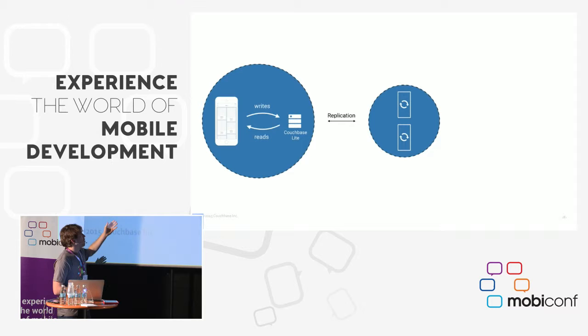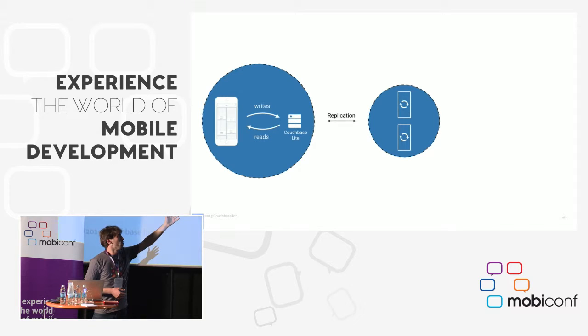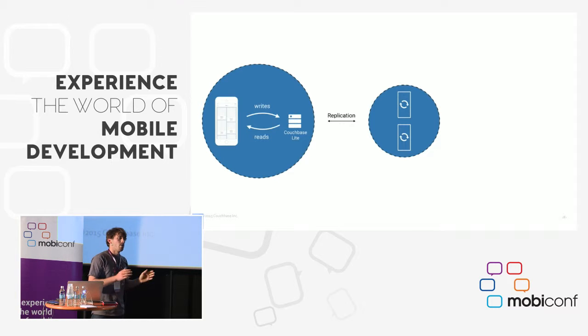A few keywords to know here is when you have a replication, you have a local database and a remote database. So the servers, there's two of them, but you could only have one. It's called Sync Gateway. And in addition to having a local and a remote, you specify a source and a target. So if you say that the source is Couchbase Lite and the target is Sync Gateway, you're pushing the data.